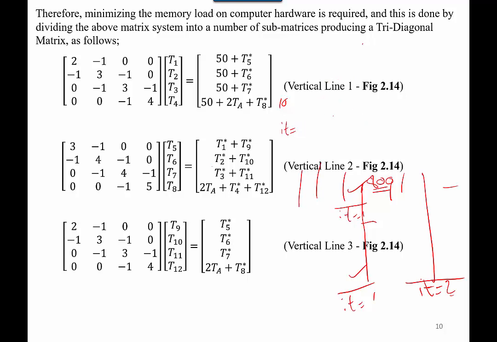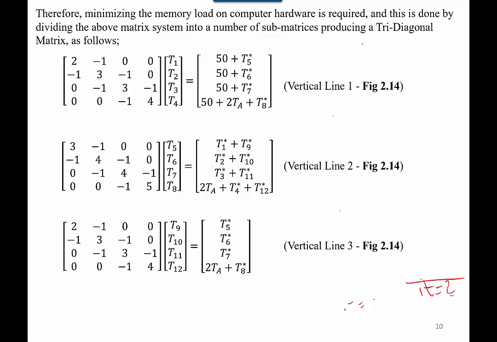If you are studying temperature distribution, you will choose the residual value between the temperatures in each iteration to be not more than 1 in 100. That means maybe you will assume it 0.01 degrees centigrade, or 1E minus 3, or 1E minus 4.